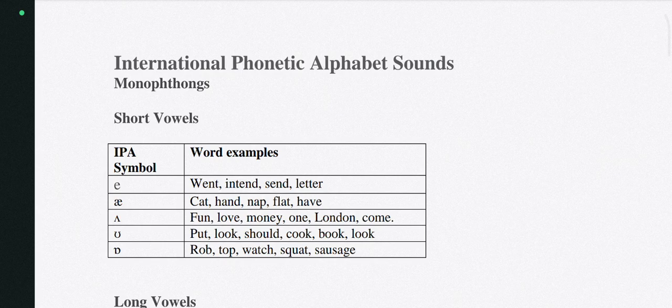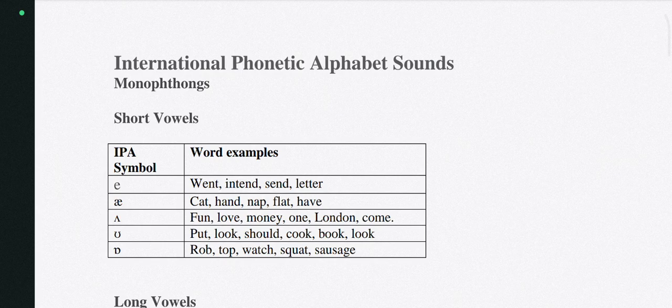Now you look at this table. In order for you to make it easy to learn the sound system, I have created different tables. So we have vowel letters, consonant letters, and also we have vowel sounds and consonant sounds. You may be familiar with consonant letters and also vowel letters.